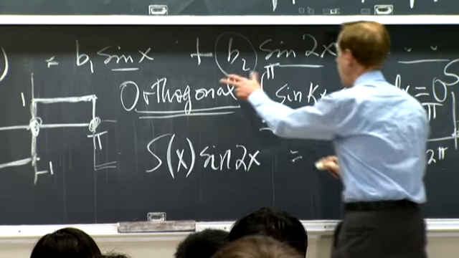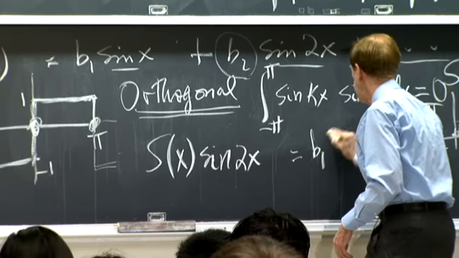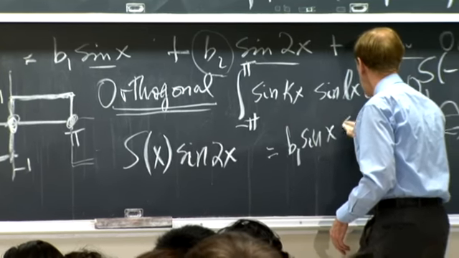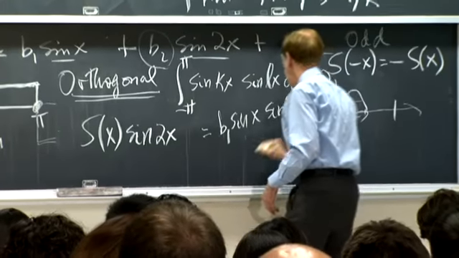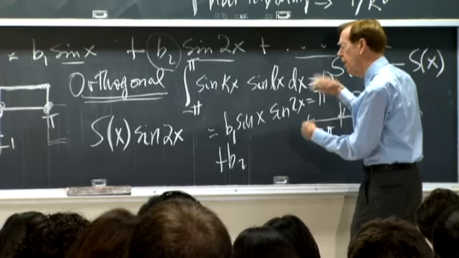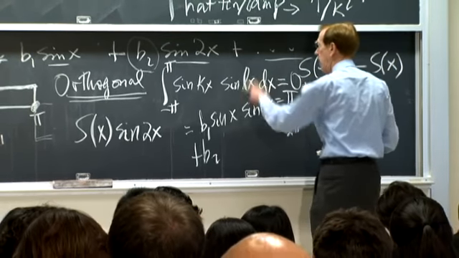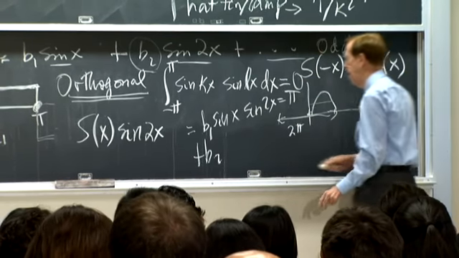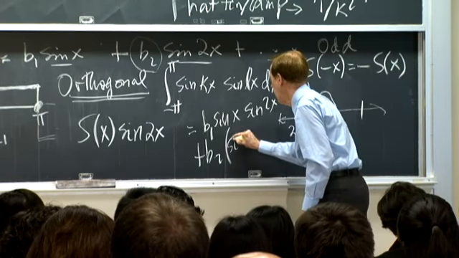So I take s of x times sine 2x, and on the right hand side I have b1 sine x sine 2x, and then I have b2. Now here's the one that's going to live through the integration. It's going to survive because it's sine 2x times sine 2x, sine 2x squared.